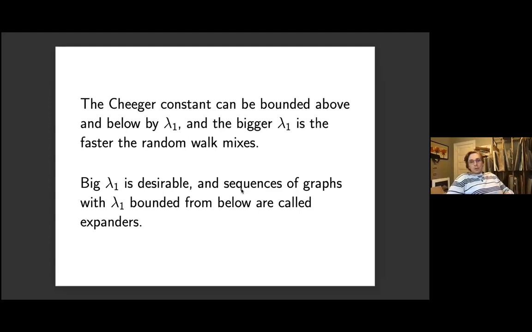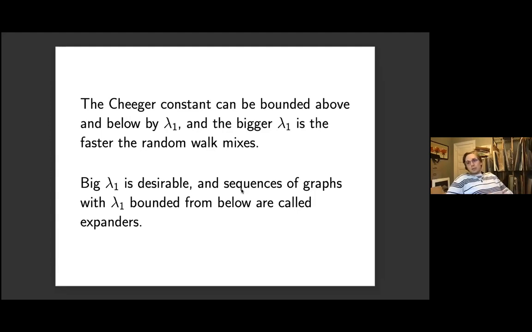Essentially, the bigger lambda 1 is, the faster the random walk mixes, and the harder it is to cut the graph in two. So you want lambda 1 to be big. And actually, given a sequence of graphs with lambda 1 bounded from below, you call that sequence an expander. And of course, the study of expanders is a huge topic spanning many different areas of mathematics and computer science and engineering. They have enormous applications.